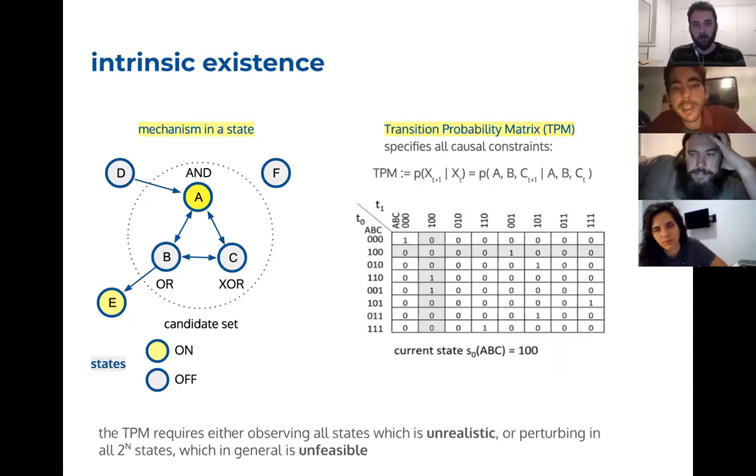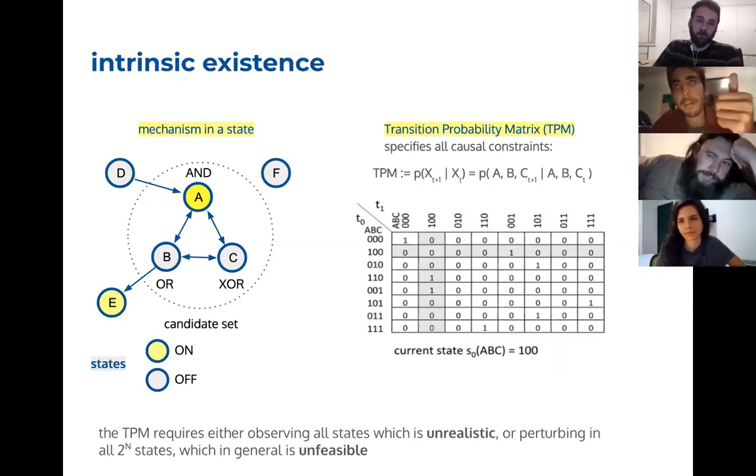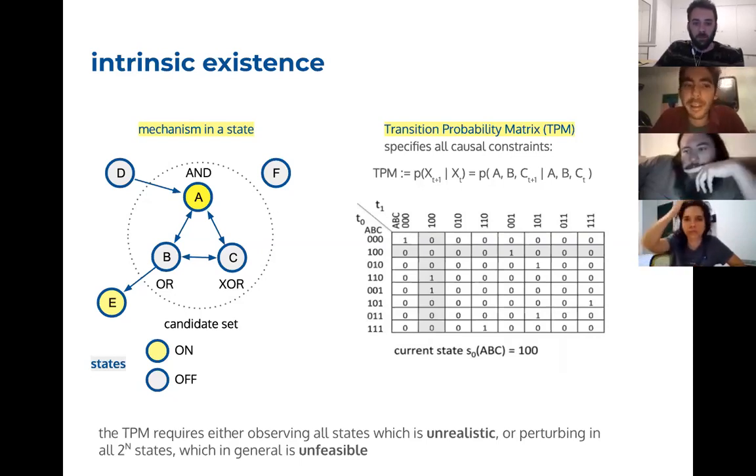So one thing is how you calculate the causal constraints, but the system itself doesn't need to experiment with itself. For example, a logic gate doesn't need to perturb itself to know that it's a logic gate. It is what it is. So the way it's interpreted is that there's no need for the system to actually explore its states to know.